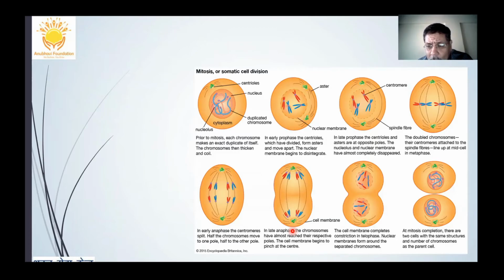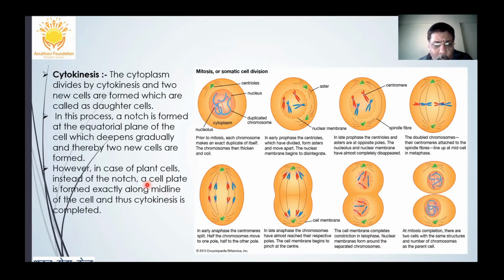After the nuclear division is over, the cells will divide by cytokinesis, and the two cells will separate to form two daughter cells. In this way, the one parent cell has given rise to two daughter cells with equal number of chromosomes.